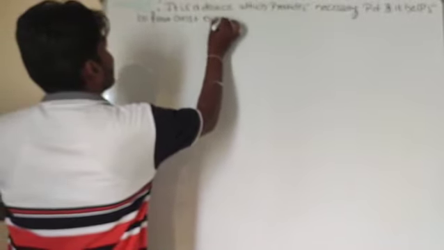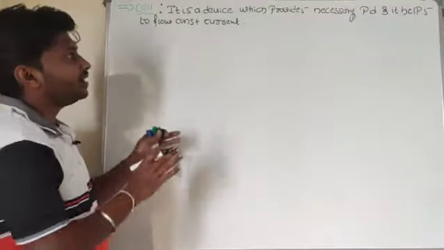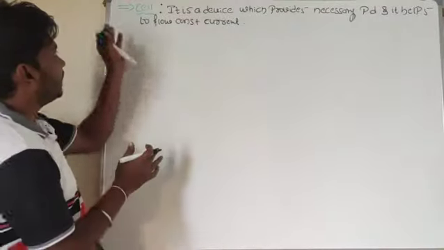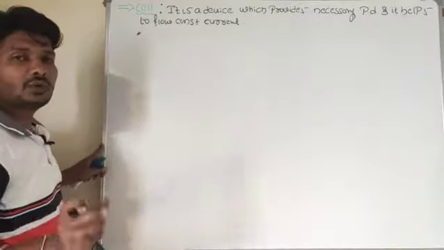Look here, because of the difference in potential, current will flow, so we can call it a cell. A cell consists of two terminals.